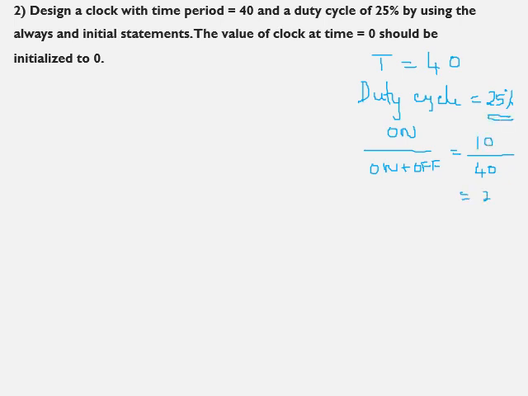So this gives you 25%. So out of the total time period, on period should be 10 and off period should be 30. So the clock waveform should be on period by off period. That is, this is 10 and this should be 30 time units. Total period is 40 time units, right?